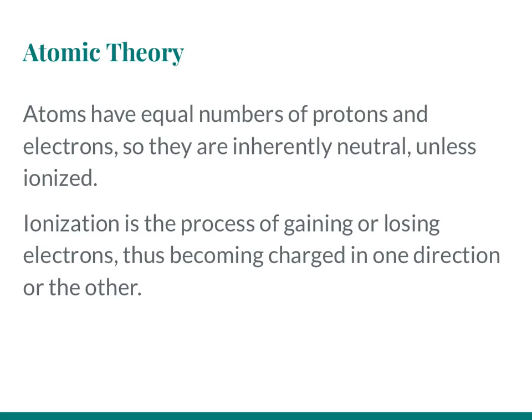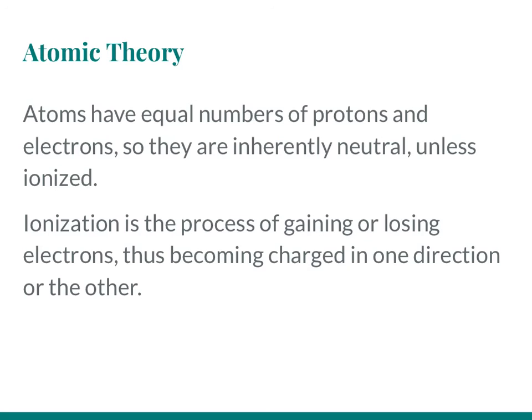So atomic theory says that there are equal numbers of protons and electrons in an atom. So they're always neutral, which is why most matter is neutral, unless they're ionized, which happens in chemistry. And that's the process of an atom gaining or losing electrons. If it gains electrons, it becomes more negative.